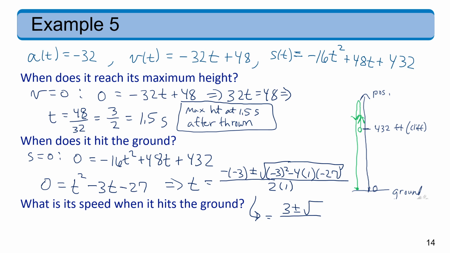So that altogether comes to 117 under the square root, and then it's all over 2. Now 117 is actually 9 times 13. And since 9 is a perfect square, you can pull out the square root of 9, which is 3. Okay, so in the numerator we keep this 3 plus or minus. We pulled out the square root of 9 as a 3, and then we still have 13 under the square root.